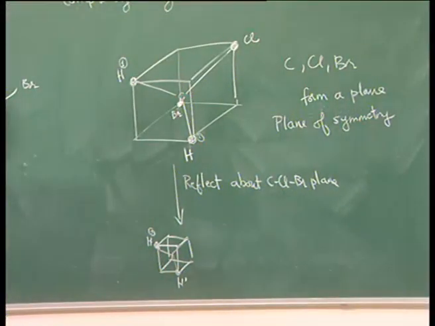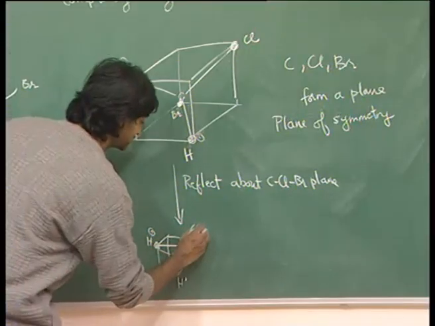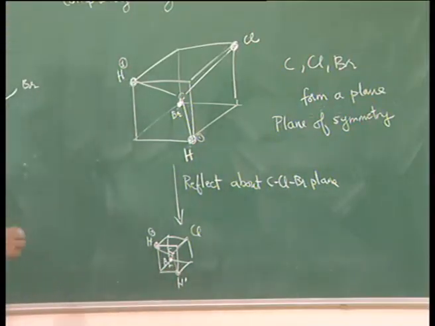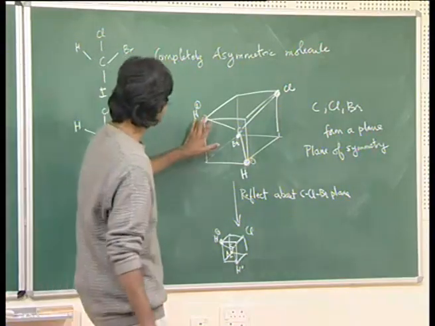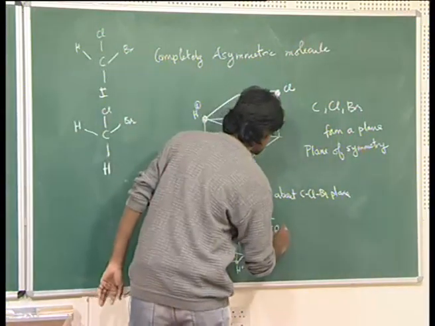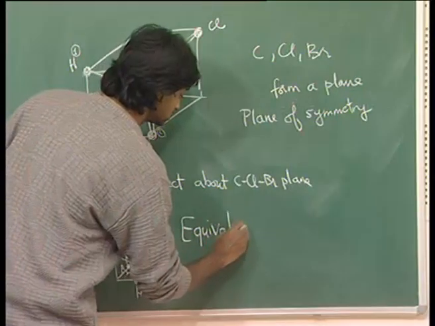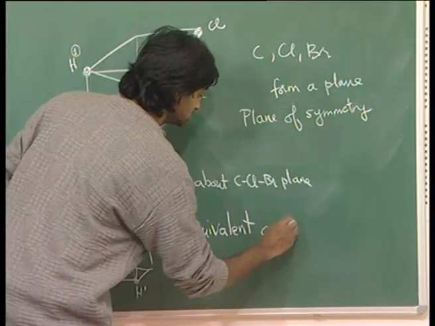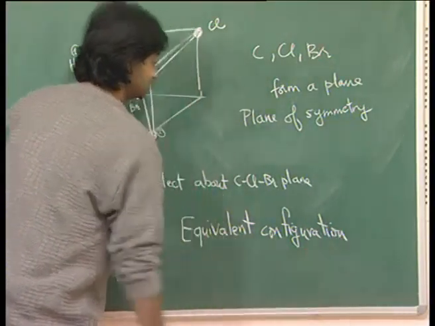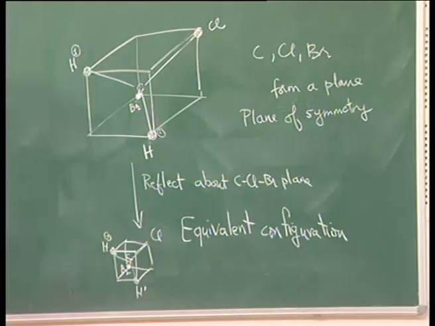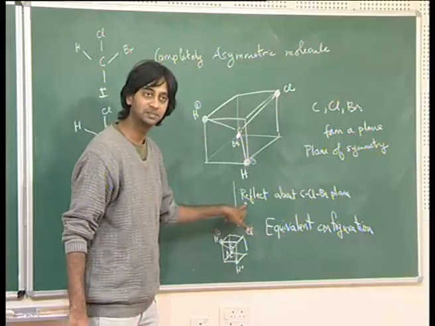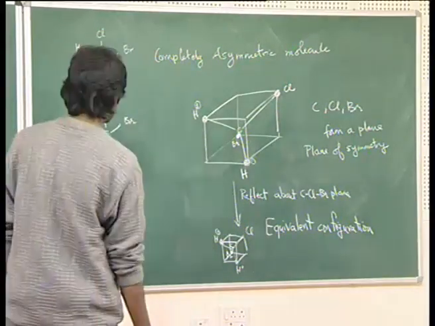So the C, Cl, and Br will be at the same place. All I do is switch these two, and so this is an equivalent configuration. When you get an equivalent configuration by performing this reflection operation, then this is called a symmetry operation. That means this is a plane of symmetry.